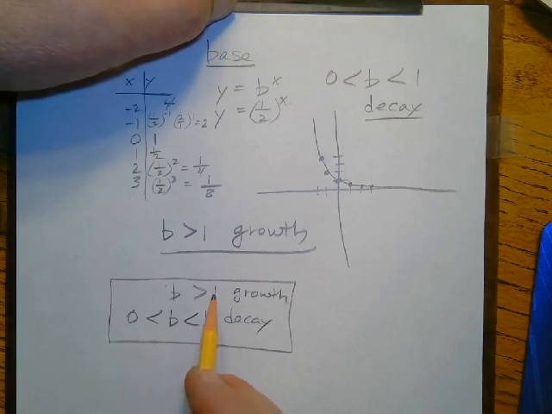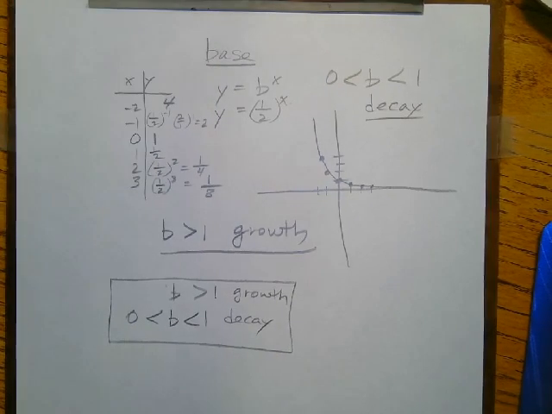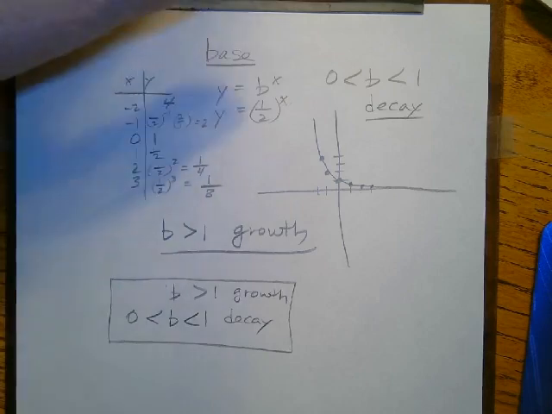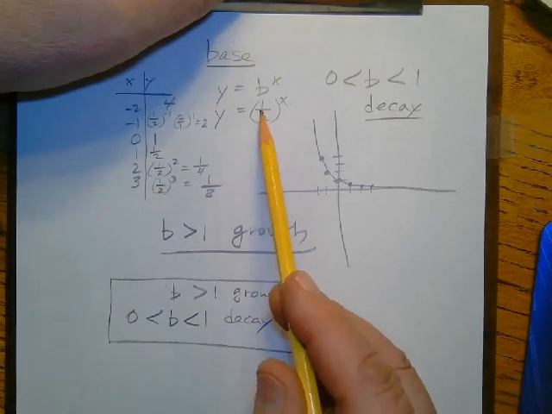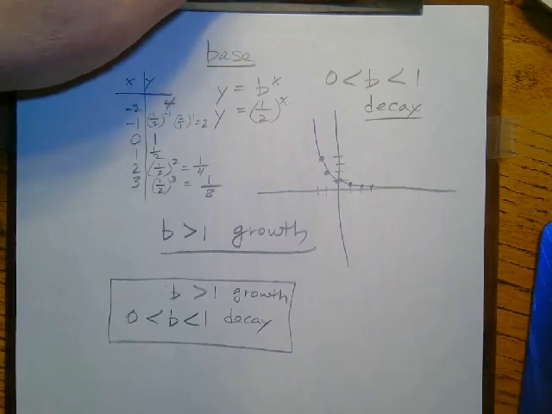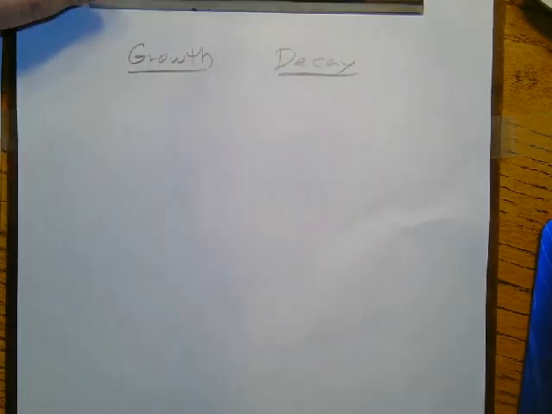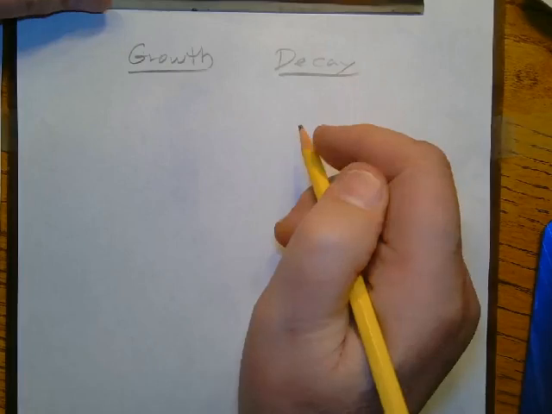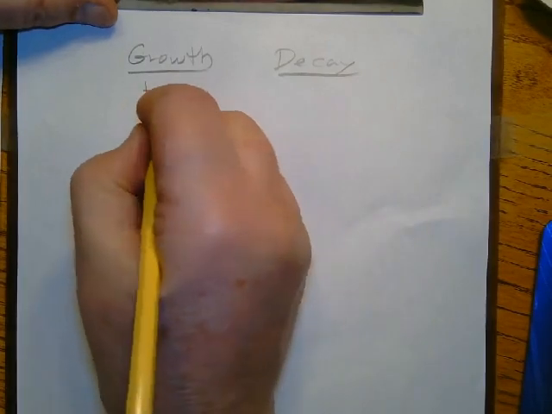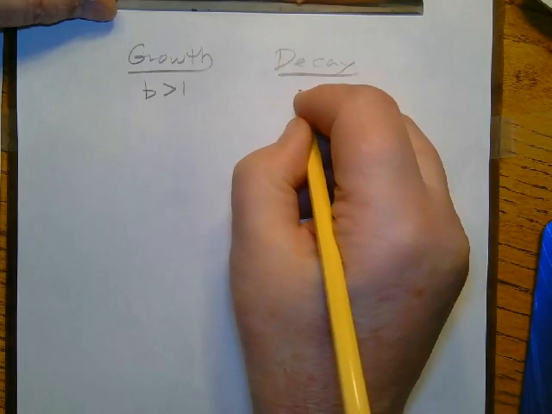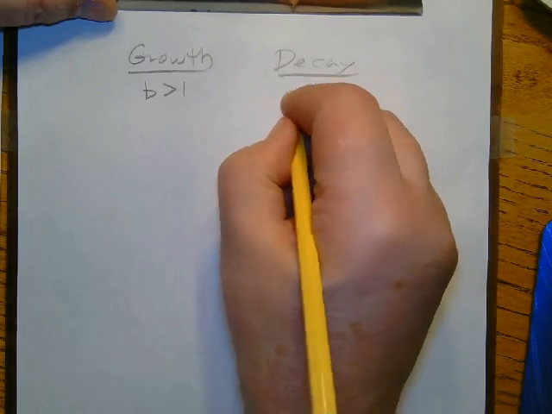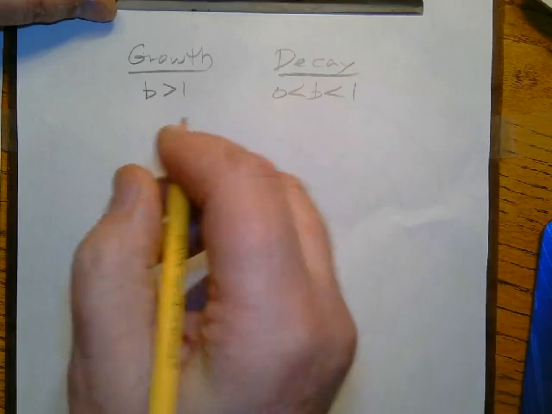If it's above 1, it's growth, and if it's between 0 and 1, it's decay. This is important because the fractions that you get in a problem will tell you whether it's going to be growth or decay. So let's take a look at some numbers, and you're going to have these to do on your homework. If growth, the base is greater than 1, and decay, the base is between 0 and 1.